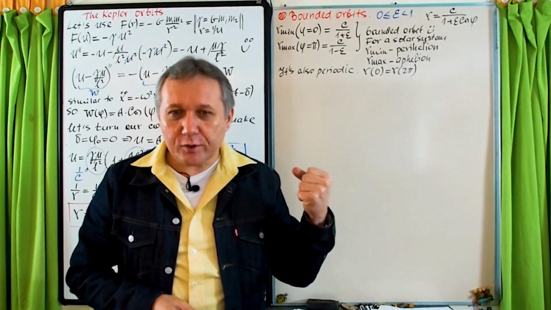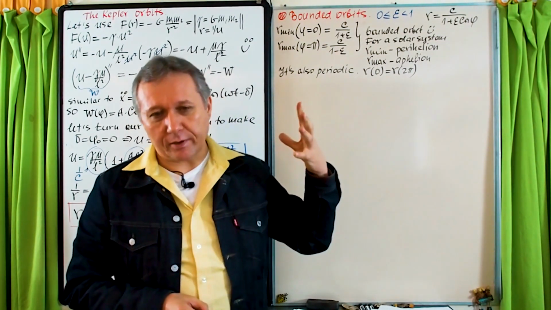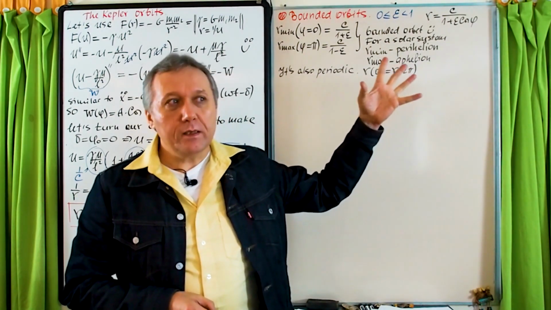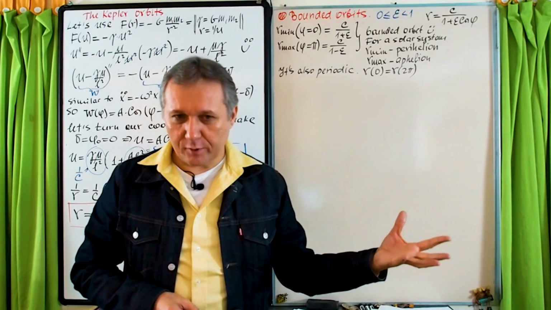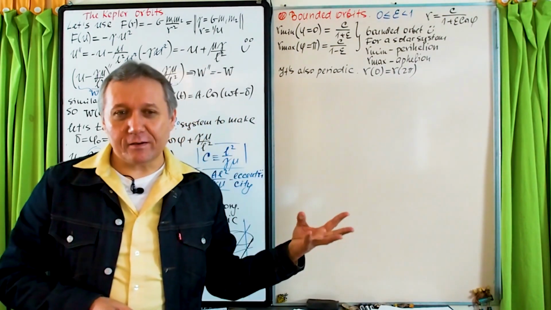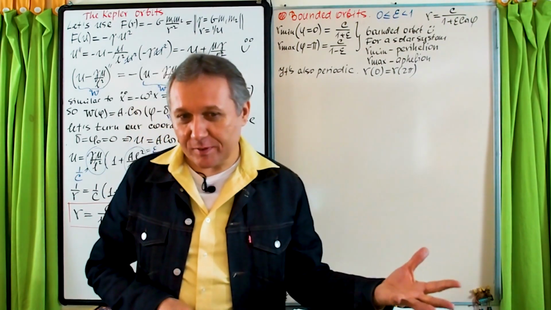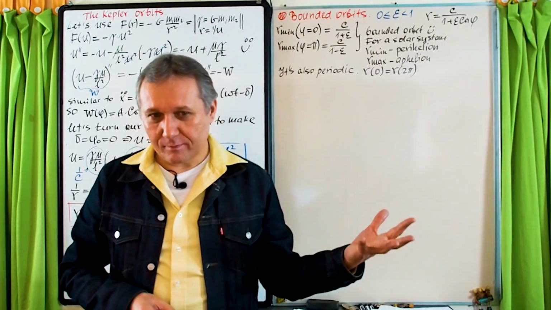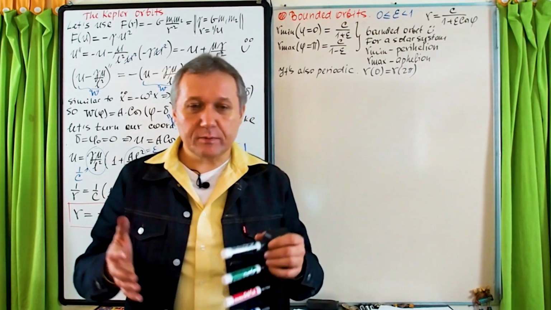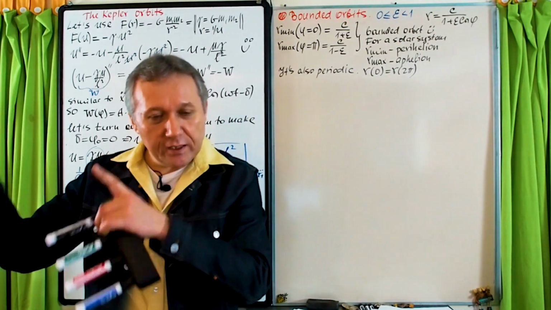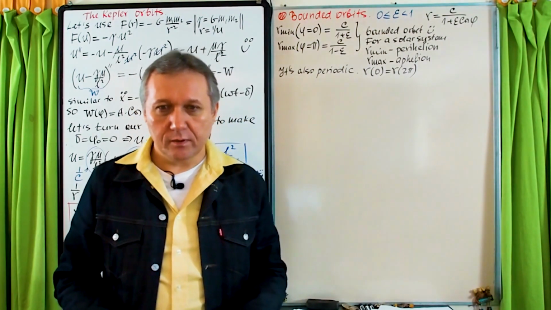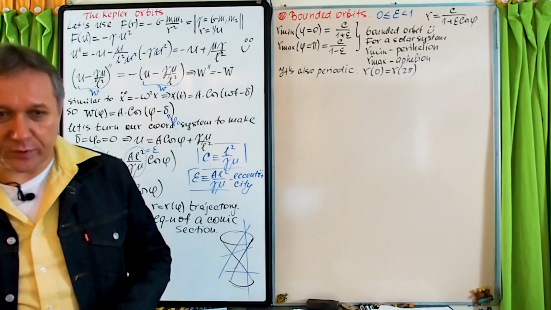I want to write that trajectory in Cartesian coordinates because I'm well familiar with the equation of an ellipse in Cartesian coordinates. Let's switch to Cartesian coordinates to see exactly where the ellipse is going to be, how it is going to be oriented, where the center is, because right now it's not obvious.